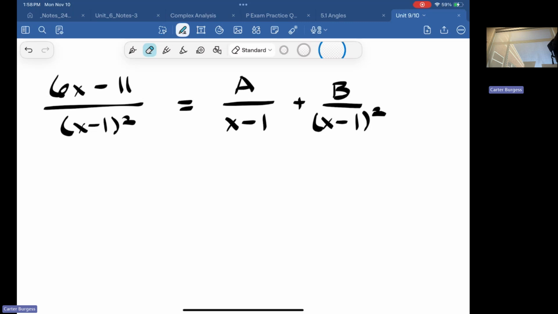Actually, just change. There's nothing mathematically wrong about what you did. You just have an extra on the bottom.